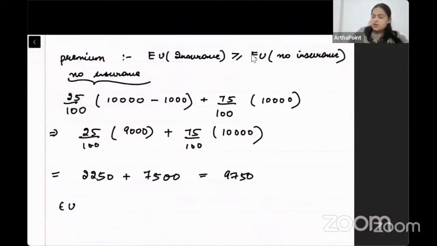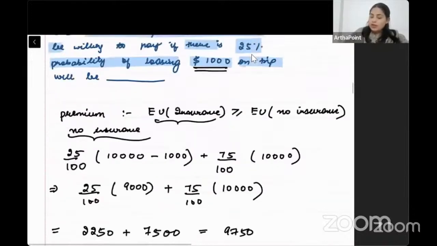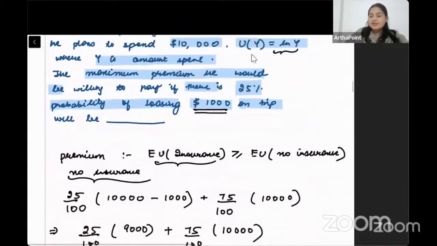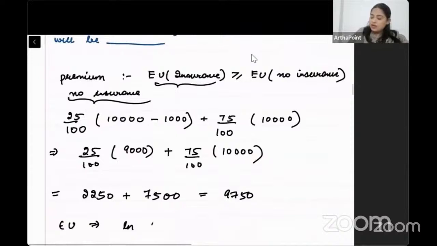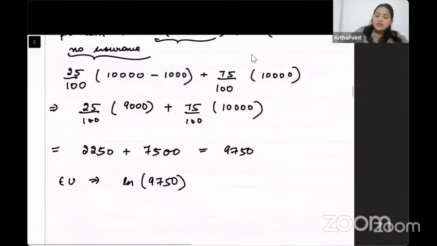His expected utility will be the utility from this 9750. The utility function is given as ln y, so it will be ln 9750.